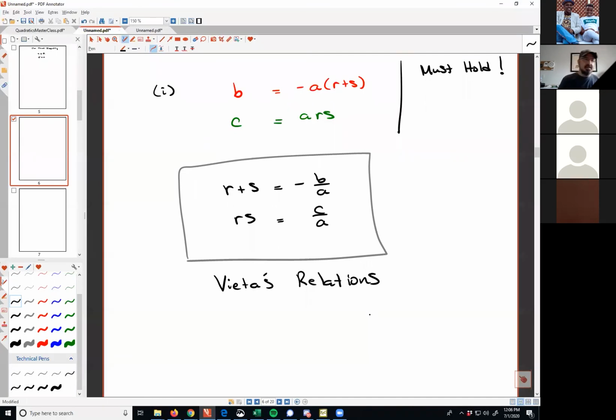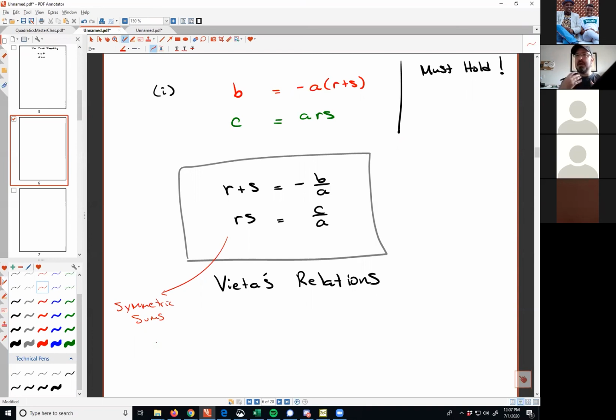But here's a big piece. The r plus s and rs are known as symmetric sums. And yes, I know that r times s is a product, but you'll understand better why we call these symmetric sums when you see them with 3 variables at a time and 4 variables at a time.